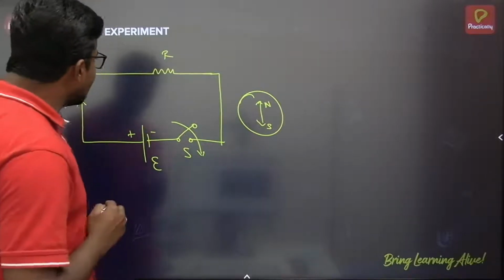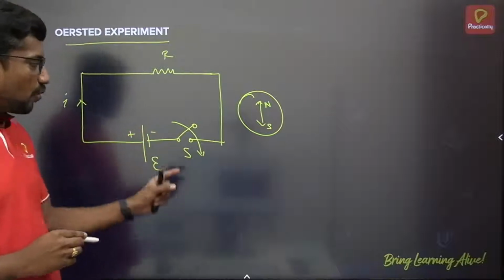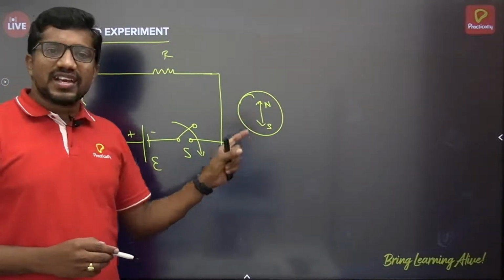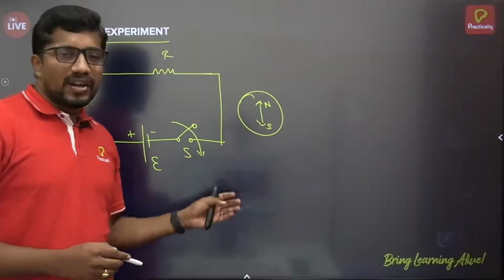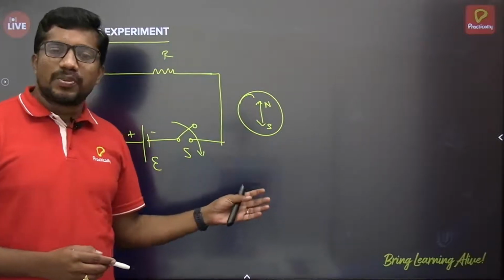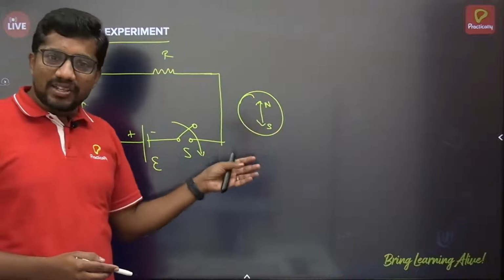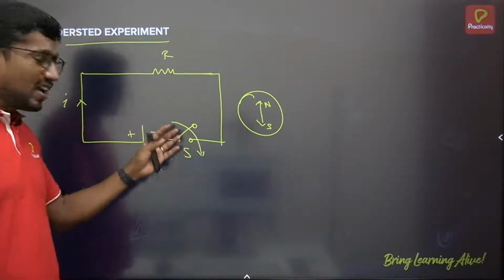The observation made in Ørsted's experiment is that when electric current flows through this circuit, the compass, which was just placed nearby, not placed intentionally to observe magnetic effects, since he was conducting an experiment related to electricity, shows a deflection when he closes the switch and current flows.